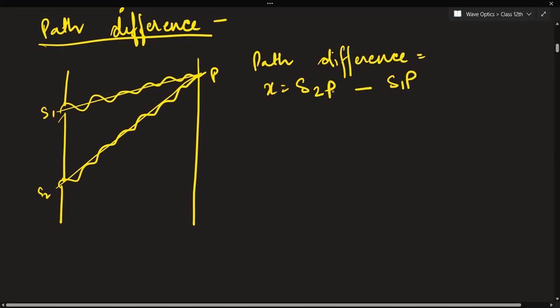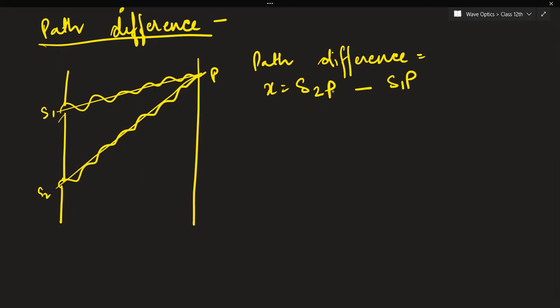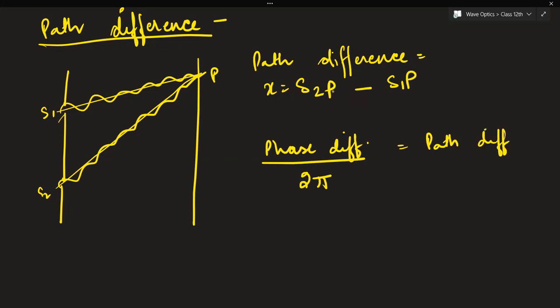Now, how will you relate this path difference? Path difference you can understand normally just by the term, but you have to relate path difference and phase difference. So remember, phase difference divided by 2 pi is equal to path difference divided by wavelength.